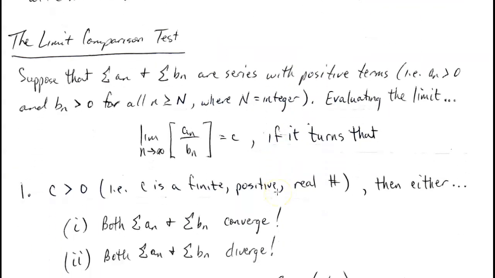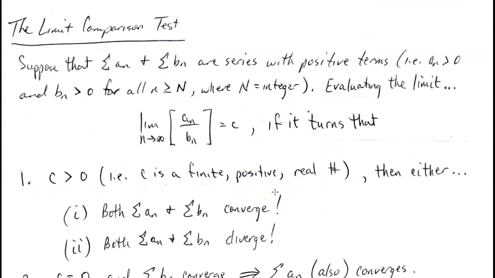So the limit comparison test says that suppose we're dealing with two series, and of course the sequences A sub n and B sub n are the originating sequences that form these series, okay? And of course A sub n and B sub n both have positive terms just like before.